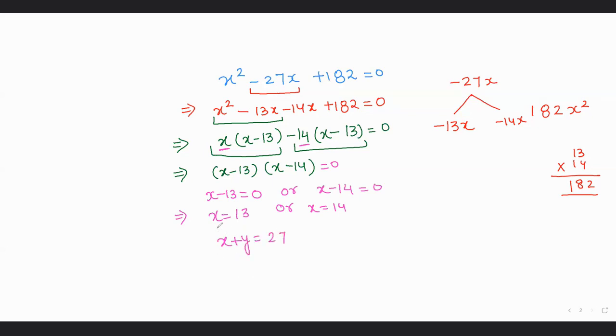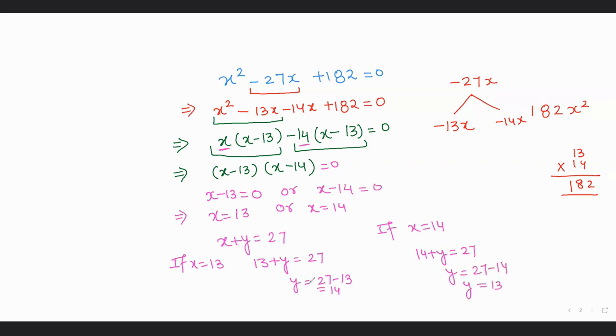If x is 13, then this equation will become this one, and if you solve this one, you can see the answer is 14. Also if you take x as 14 and solve this equation, you will get y, and y will be 13. So that means we have found the values of x and y.